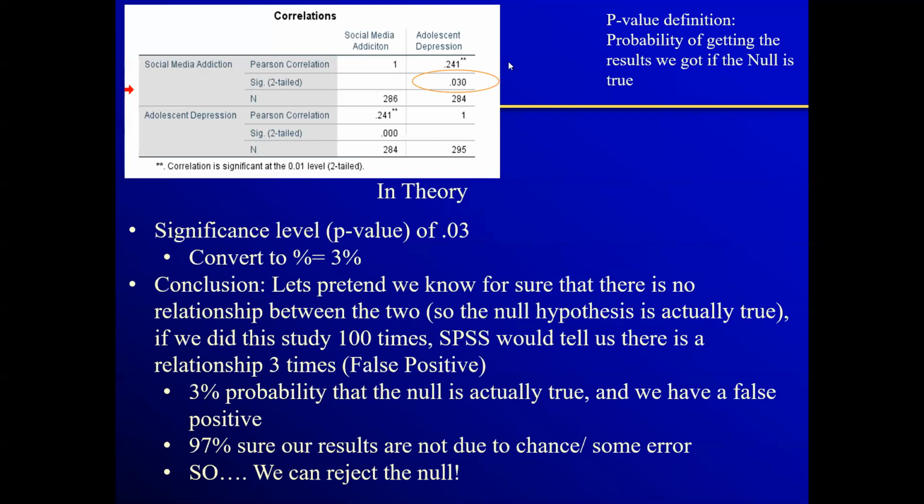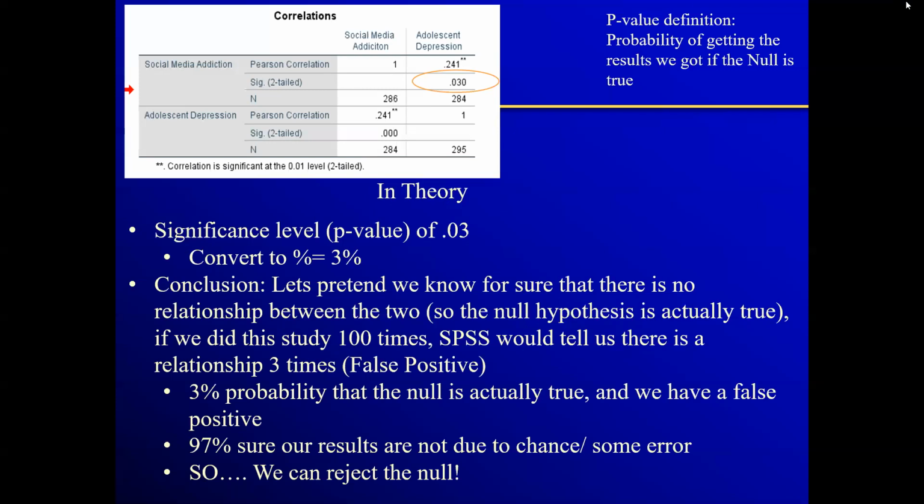If we did this study 100 times, what this p-value is telling us is that SPSS would tell us there is a relationship 3 times, right? 3% of 100 is just 3. So we as a God know that these two variables are not related, but SPSS will tell us they are related 3% of the time.